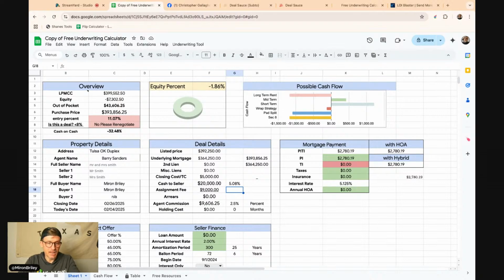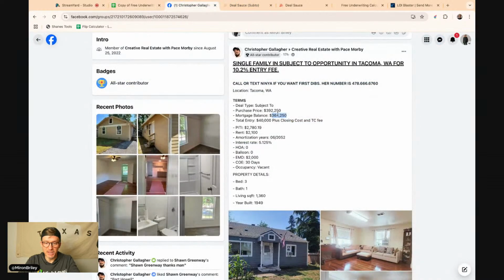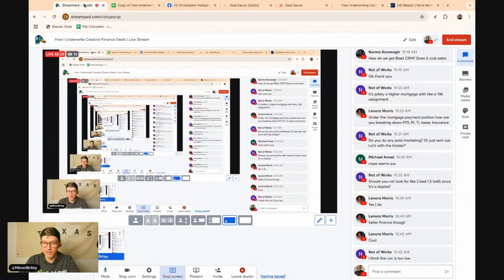Might be something like that. But they are definitely underwater. So I don't know. It doesn't break down. So his posts don't break down what everything is. Yeah, cash on cash is low.